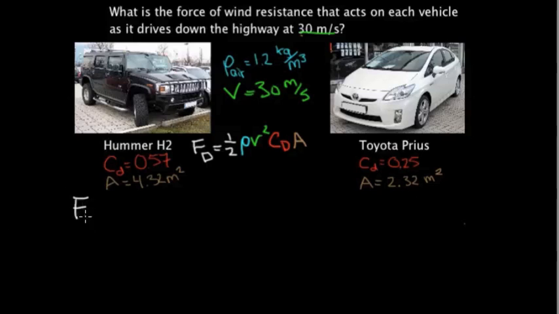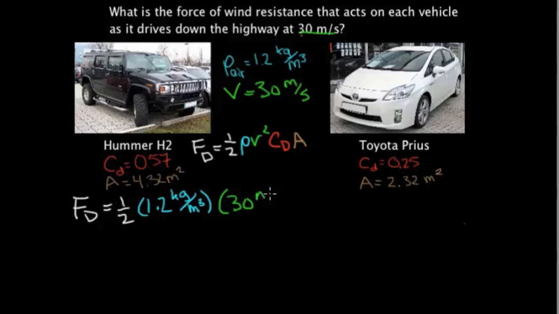Fd is equal to 1/2 times rho. In this case, it's 1.2 kilograms per meter cubed, times V, which for this one is 30 meters per second, and that whole thing is squared, times Cd, which for the Hummer is 0.57, and coefficients of drag do not have units, times area.